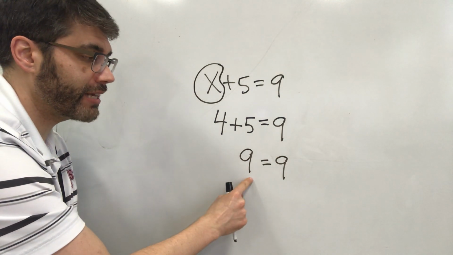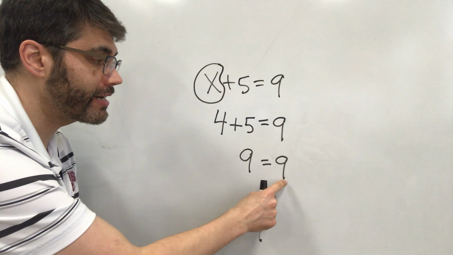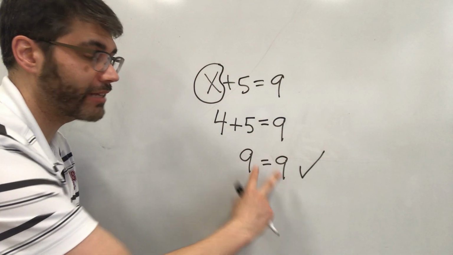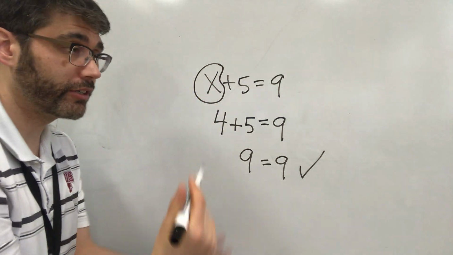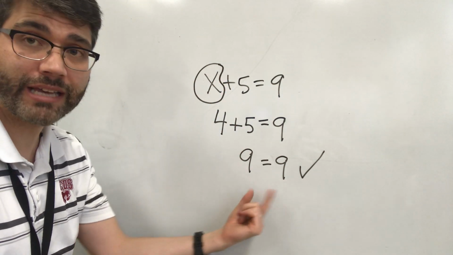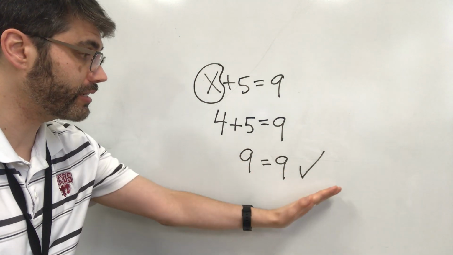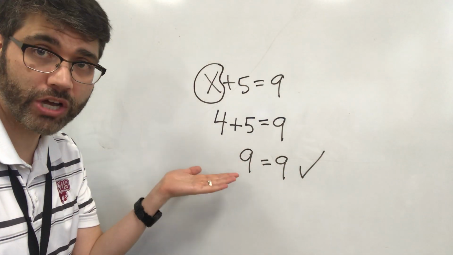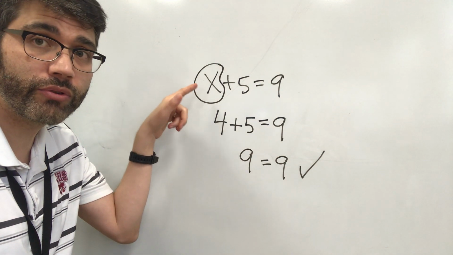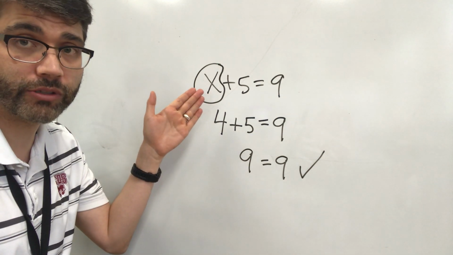When you have the left-hand side look exactly like the right-hand side, you've created an identity. This is what an identity is. Like when you look in the mirror, you're looking at yourself. So when this 9 is looking at itself, there's nothing else here. And we have shown that 4 indeed is the true value of x in this particular equation.